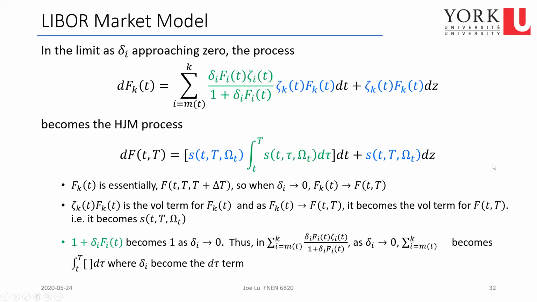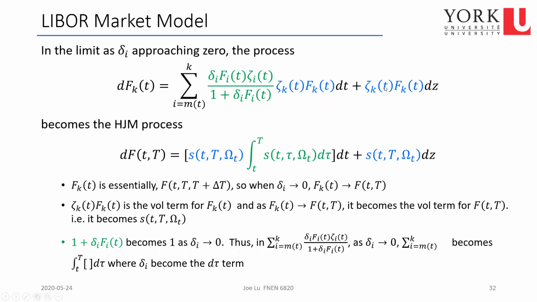Now some people look at this from here to here and may say, we have an Fk here, and when it becomes this, shouldn't we have an F(t, T) here? Why do we just have an S here? If you recall, this thing is only a function of time.